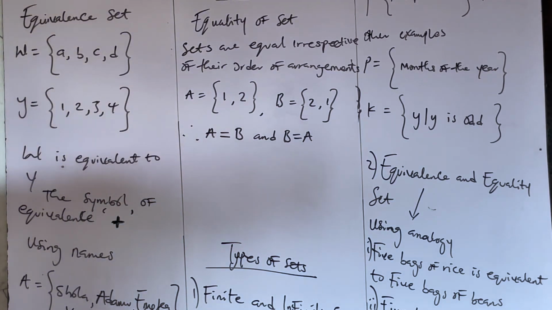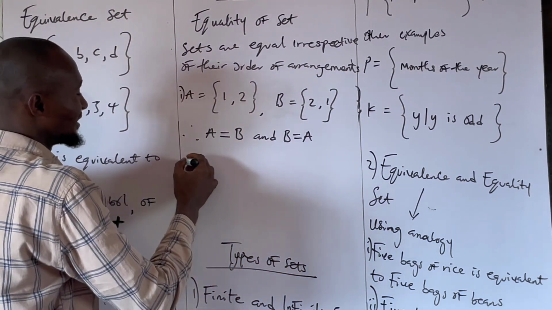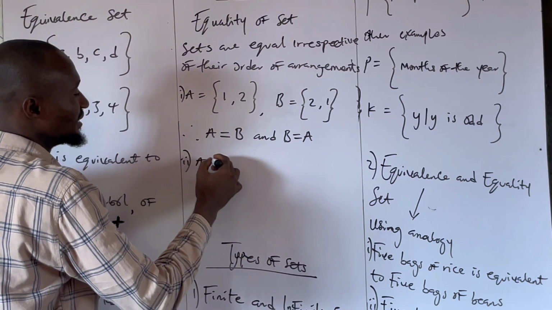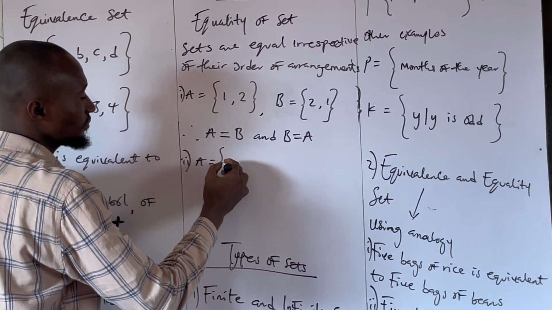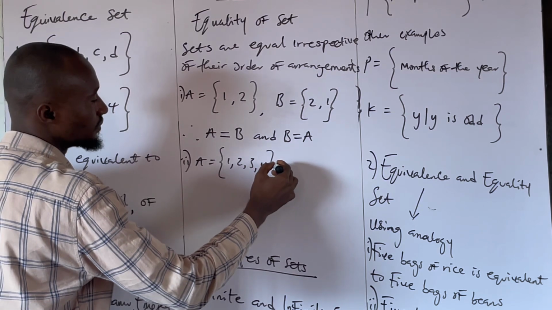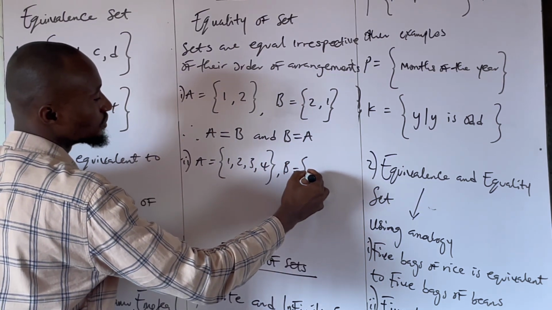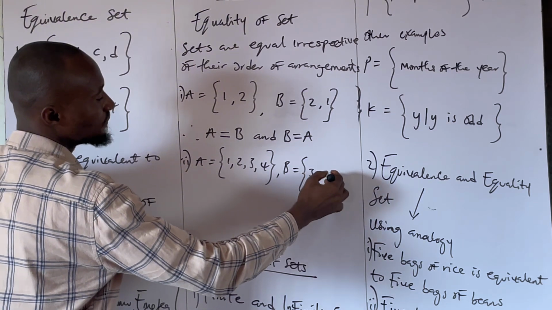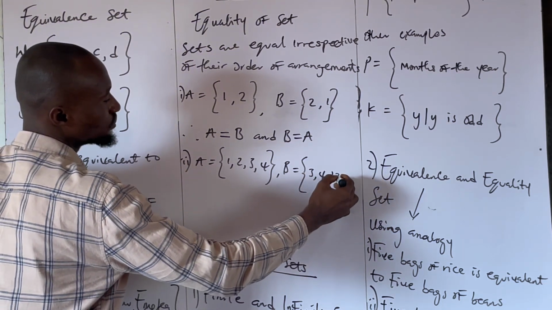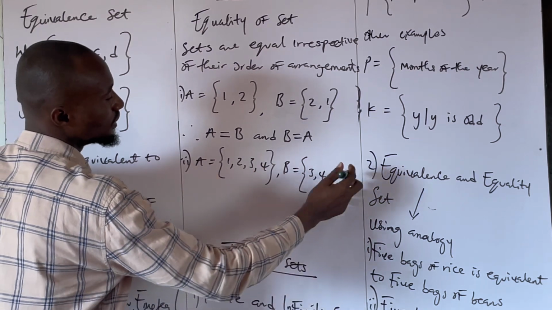How are you doing? So, another example. When you have A equal to {1, 2, 3, 4}, and you have B equal to {3, 4, 1, 2}.